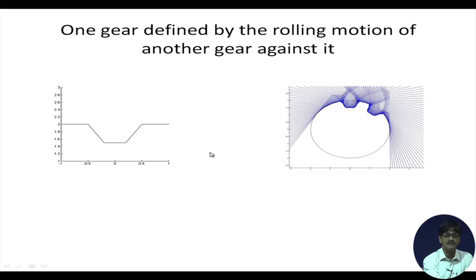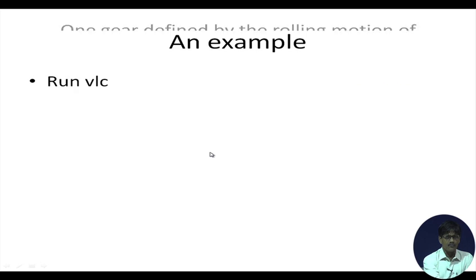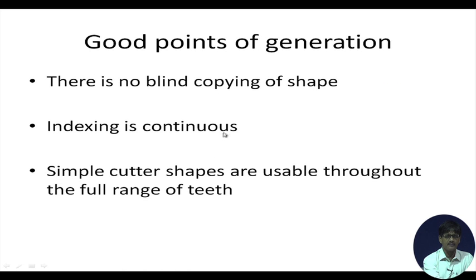To generate gear teeth. What is the advantage of this particular method? There are distinctly three advantages in comparison to milling of gears. First, there is no blind copying of shape. It is not a gear forming process. Forming essentially means that you are copying one geometry from one cutting element onto the blank surface.